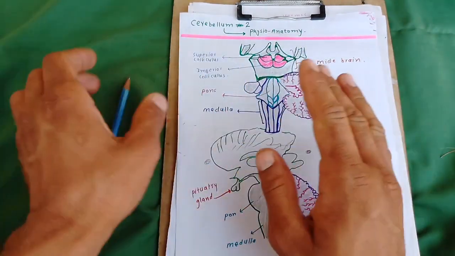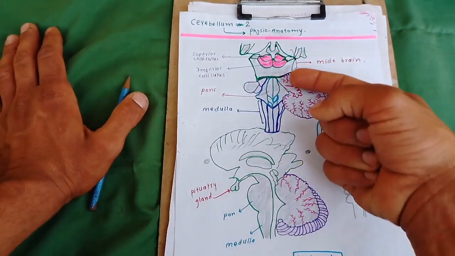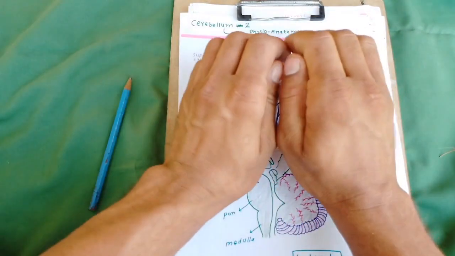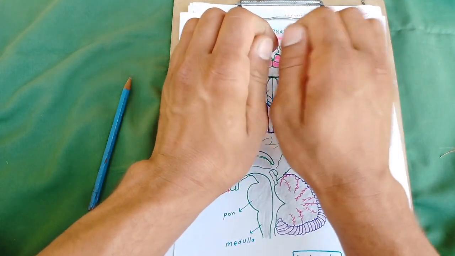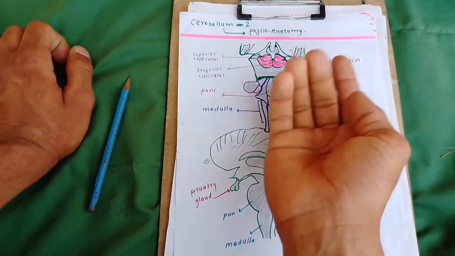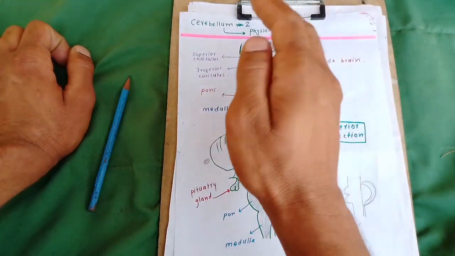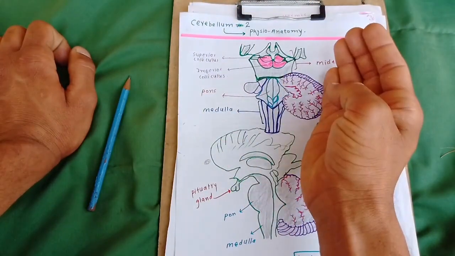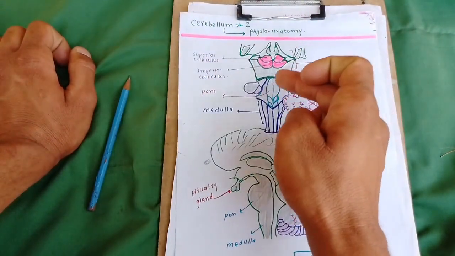But the cerebellum, I cut this cerebellum, is present like this, which is one cerebellar hemisphere. This is another cerebellar hemisphere. So I cut this cerebellum, but the cerebellum is present as a whole round mass posterior to the pons and the medulla.